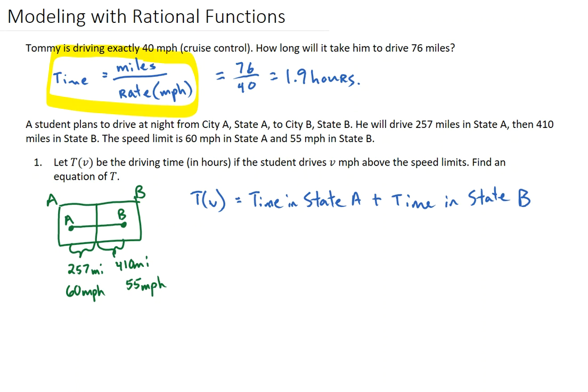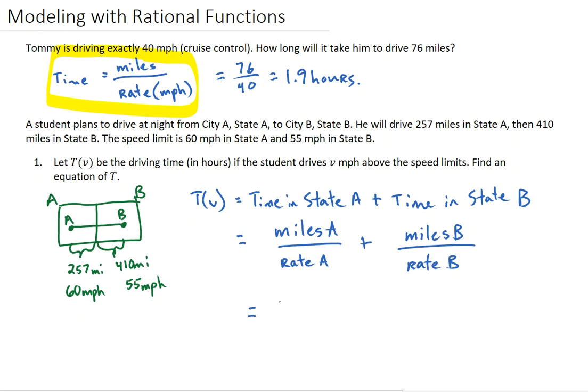Now switching that into the formula, basically I'll have the miles in State A divided by the rate in State A. And then we're going to add the miles in B divided by the rate in B. Plugging in the values that were given to us in the problem, that's going to be 256, 257, and we don't want to put that over 60 because we have to work in this variable of going V miles an hour above the speed limit.